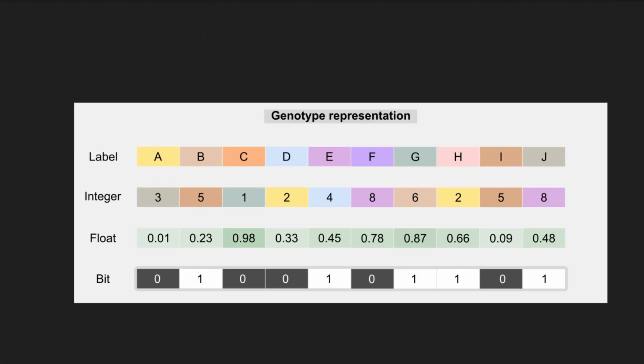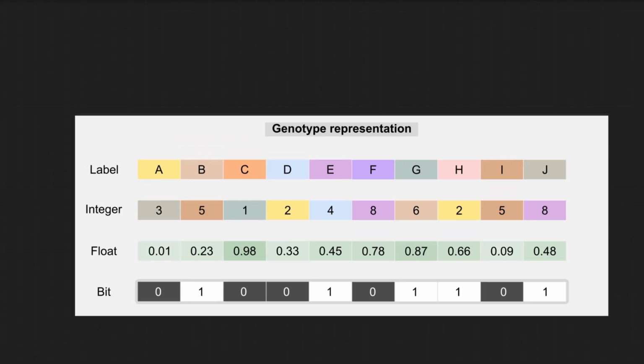All right, but what is in practice an individual? An individual is just a chromosome, and a chromosome can be represented in different ways. We can go with a label representation where each entry in the chromosome is a gene. So each entry is a gene, and in the label representation, each gene is a letter.